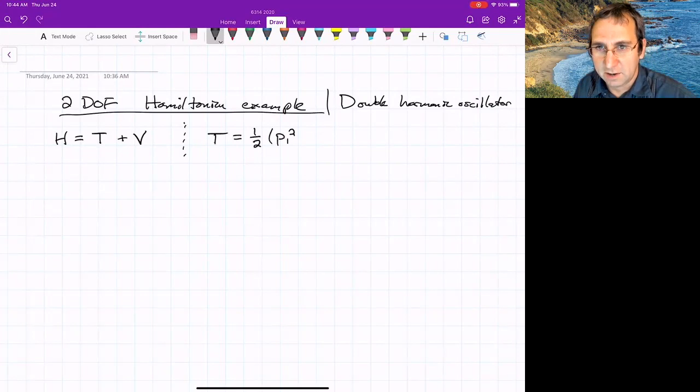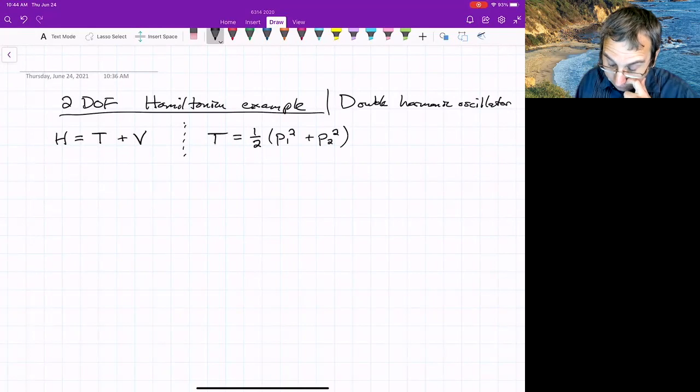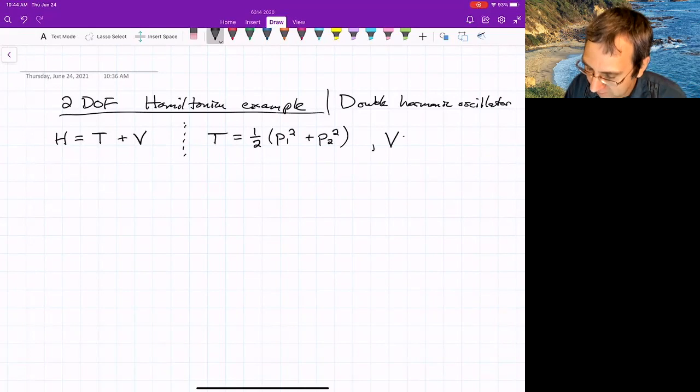Kinetic energy of, you could think of it as, we've got 2 components, we've got 2 particles, and the potential energy will just be a quadratic, omega-1 q1 squared plus omega-2 q2 squared.